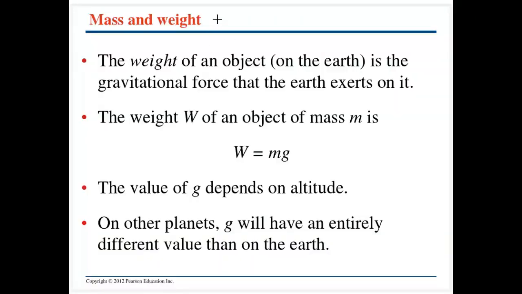Now, there is a huge difference between mass and weight, and this is often confusing. The weight of an object is the gravitational force that the Earth exerts on it. So the weight is a force that is acting on something. The mass is a property of the object.